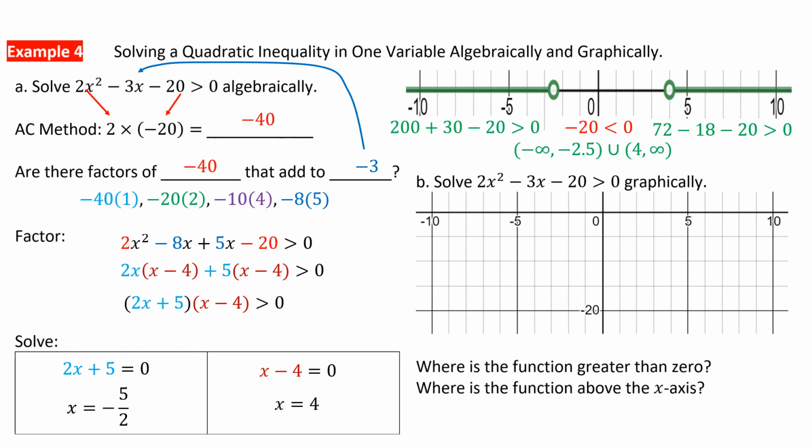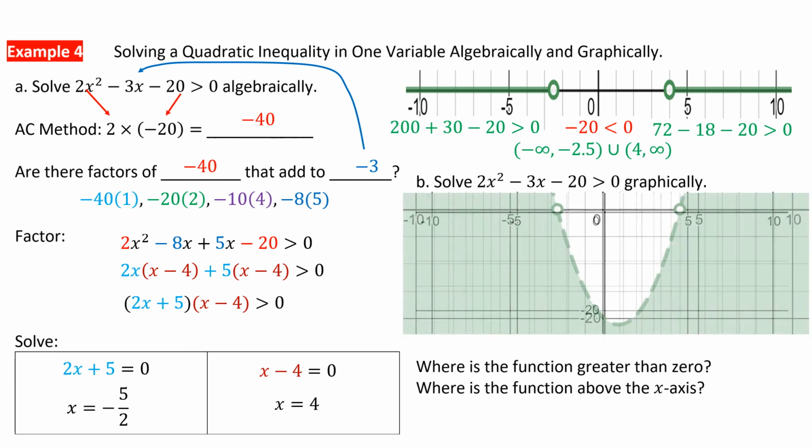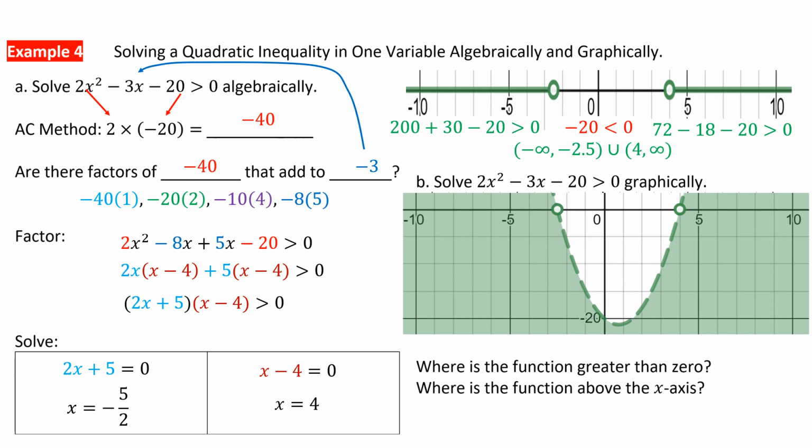Finally, in part B, if we wanted to solve this graphically, we know where our zeros are, we know how it's graphed, and I changed my view a little bit here. I shrunk it vertically just so that we could see things relatively nicely. You can see how the graph of the parabola goes.